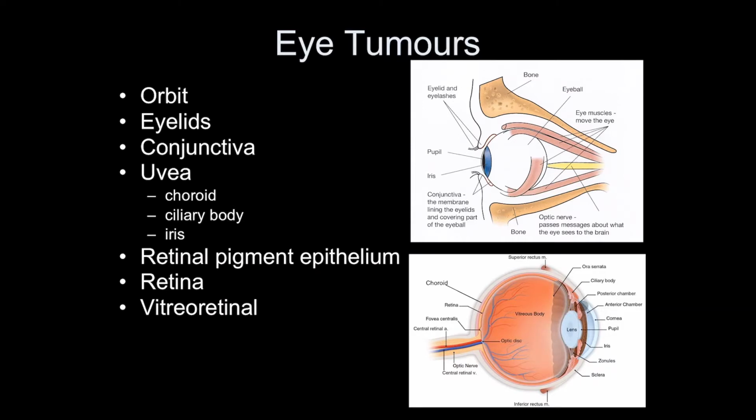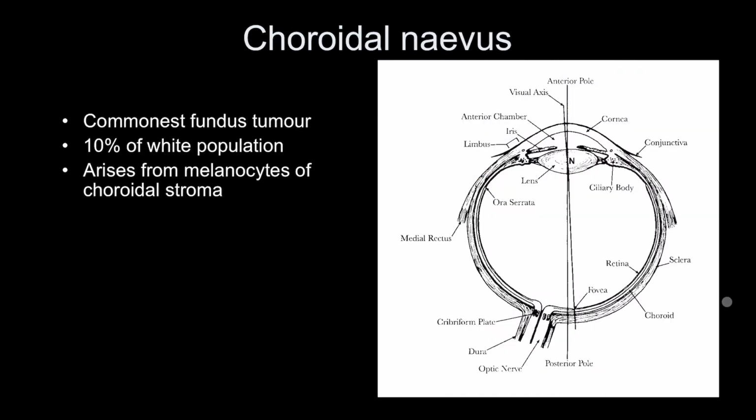So the iris is here, the ciliary body is here, and then the lining underneath the retina is the choroid. And so tumours occurring in this location are within the uveal tract, in the lining of the eye, on the inside of the eye.